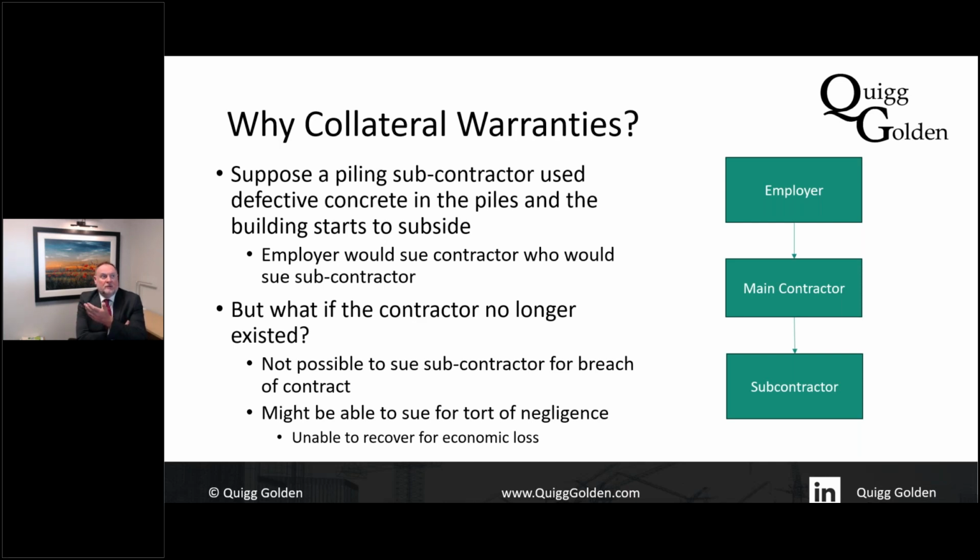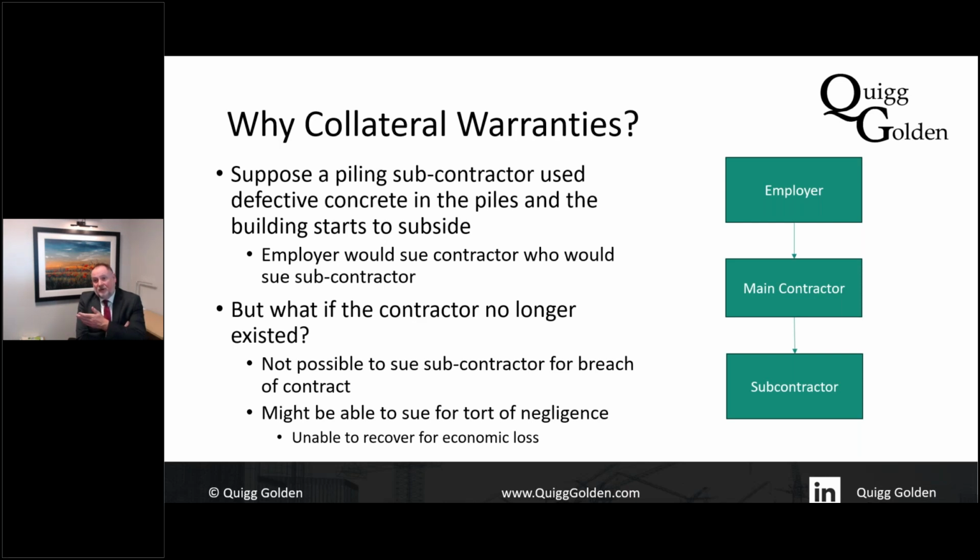Therefore, they had to sue the subcontractor and were able to sue the subcontractor for the damage caused to the car. But the fact that all the other panels were going to have to be taken off and the fixings changed was classed as pure economic loss. So all of that cost of repair that the employer was going to face couldn't be recovered through negligence.